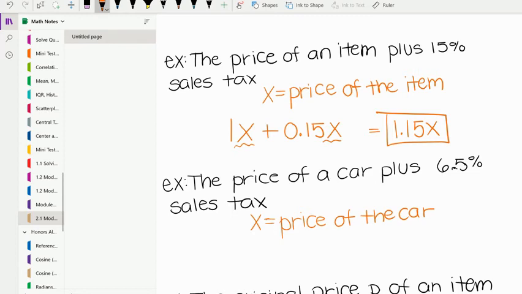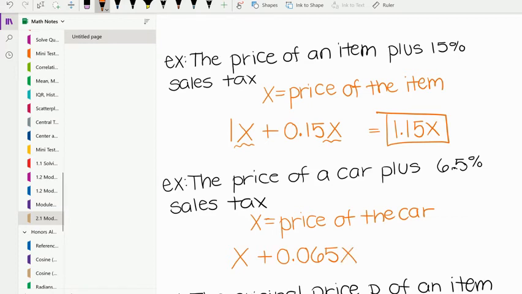Okay, so we have the price of the car, which is X, plus 6.5%. Again, we want to move the decimal point 2 places to the left. So that would be 0.065. And remember, sales tax comes from the item. So it's 6.5% sales tax of the item.